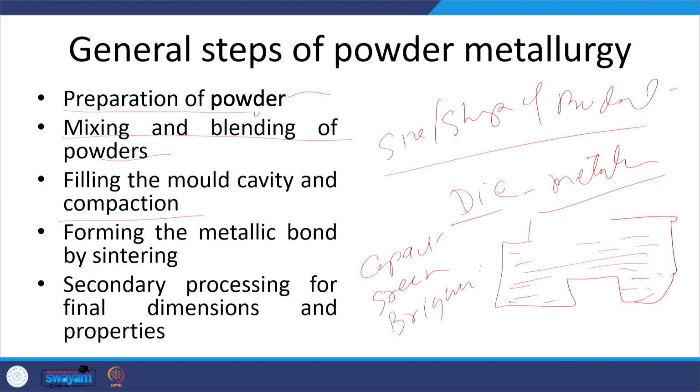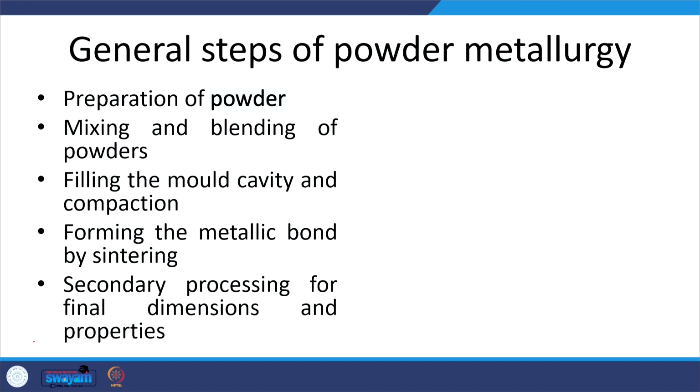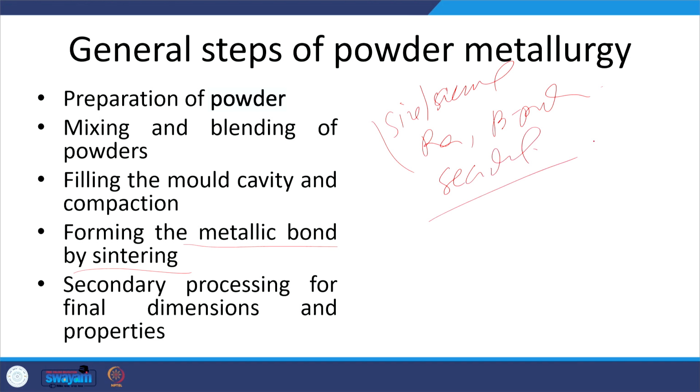Okay. So, this is of low strength, because the bonding between the powder particles happens primarily due to plastic deformation and mechanical interlocking. So, in order to impart the desired strength to this green compact or briquette, metallic bonding is realized through sintering, and thereafter, as per the requirement of size and accuracy, surface finish, or special property requirement, secondary treatments can be done.